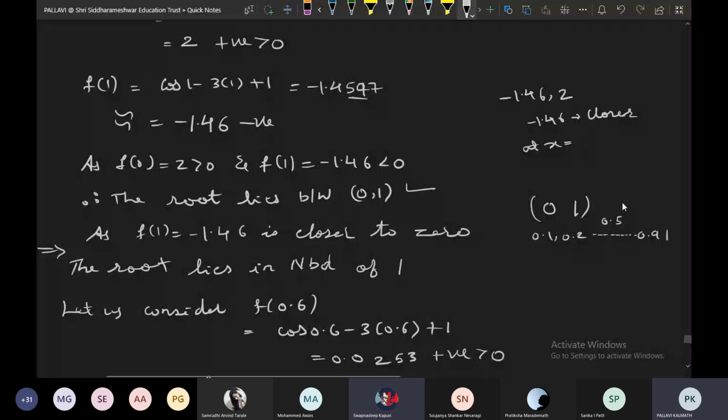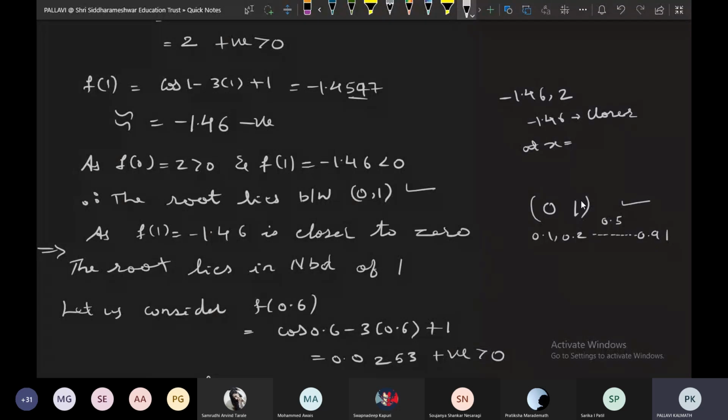See, we have written here 0.1, 0.2, 0.3, 0.4, 5 and so on up to 0.6, 7, 8, 9, finally 1. So our range is maximum up to 1. So you have to take the values 0.5 then. You cannot consider 0.2, 0.3, 0.4 because these are the values which are closer to 0, or in the neighborhood of 0.